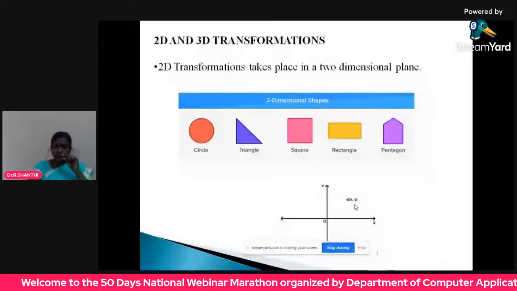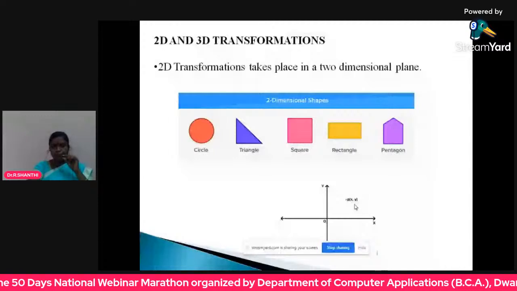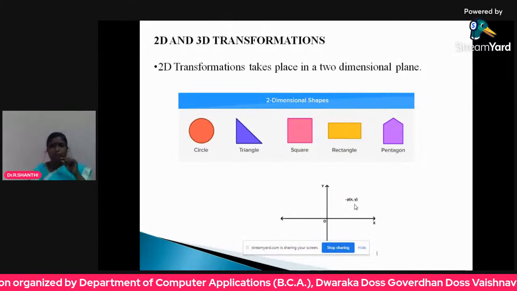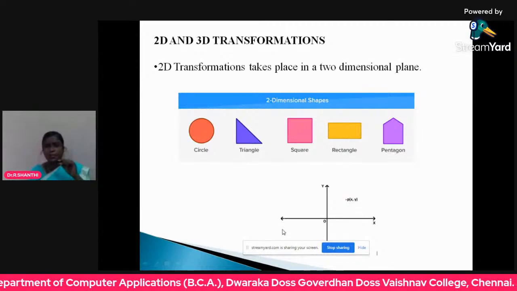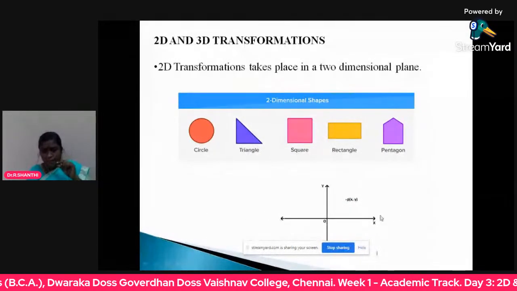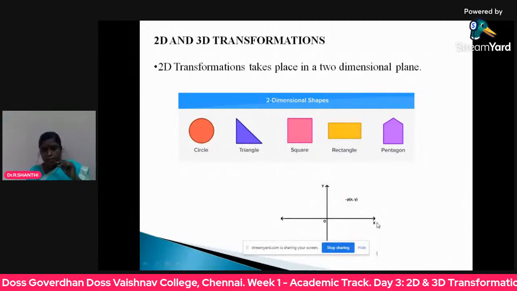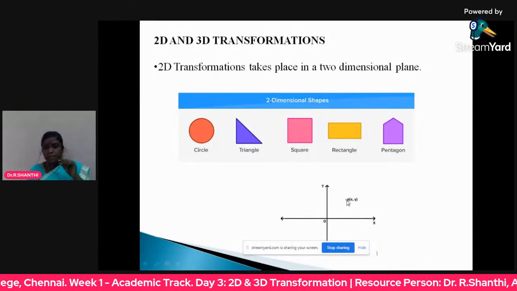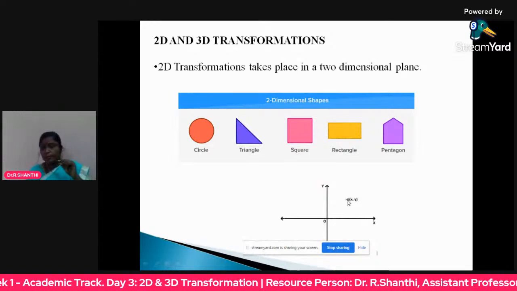Other than that, I said you have 2D and 3D. So 2D transformation takes place, why do you call it 2D? It's nothing but because it takes place in a two-dimensional plane. For example, you can see this is your two-dimensional plane. This is your x-axis and y-axis. Here you have placed an object, or you have plotted a point here, right?